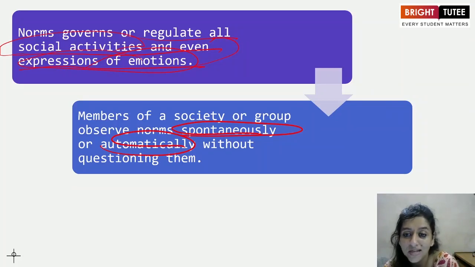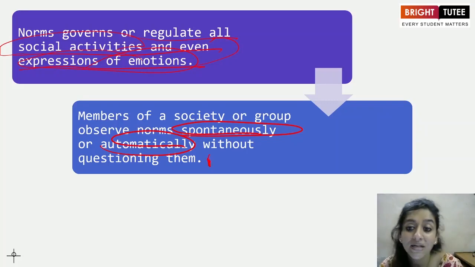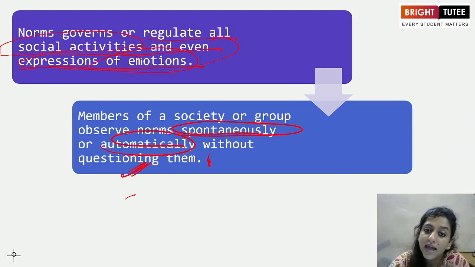The way you eat, the way you walk, the way you talk, all of these things become a part of you, and that is why you are able to spontaneously accept it and automatically react to it in the way you are expected to react without questioning anything. So this is all there is about these social norms.